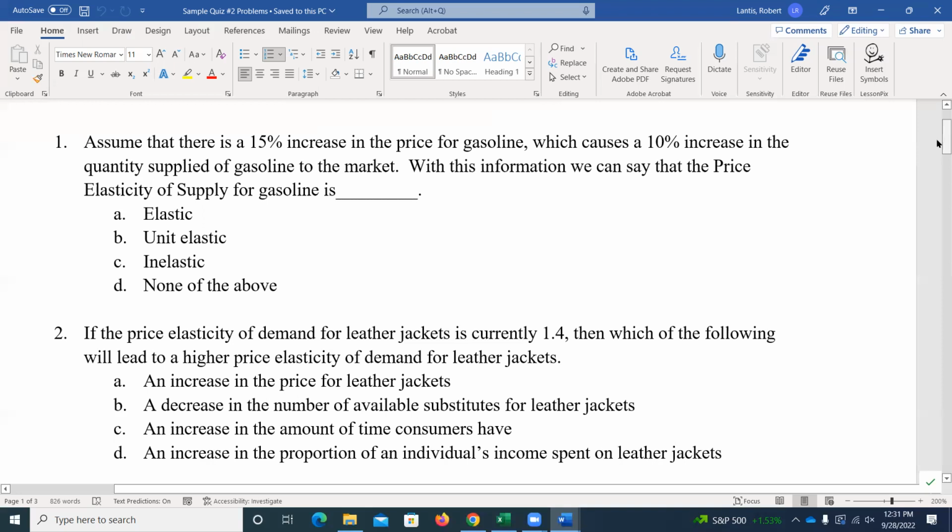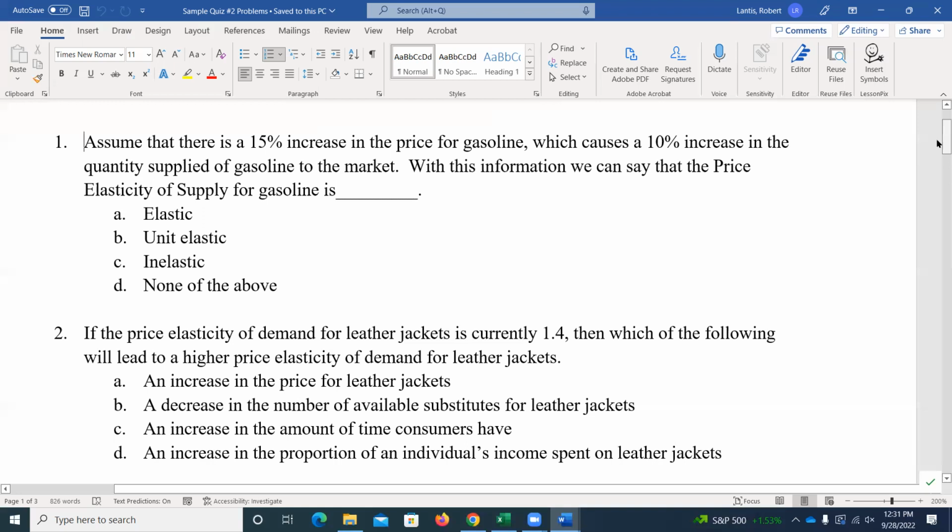If instead we had an example, let's say I did the flip, you could actually have both of these be elastic. So let's say the elasticity of demand is 2.3 and the elasticity of supply is 1.2. Now both demand and supply are elastic. So who's going to bear more of the burden?